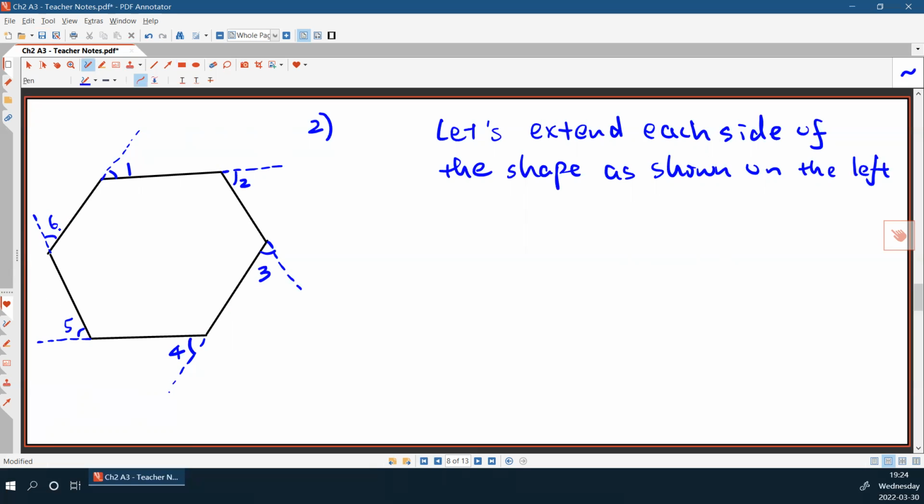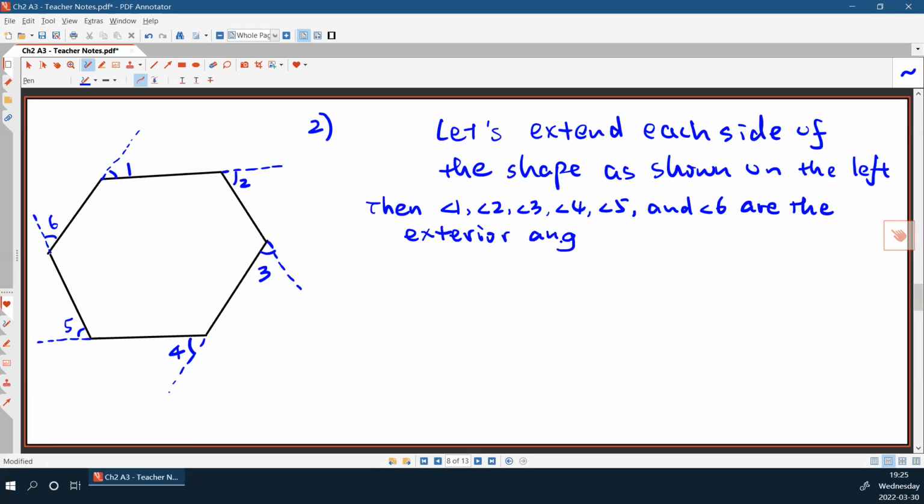So angle 1 to angle 6 are all the exterior angles, right? And we want to find angle 1 plus angle 2 plus angle 3 plus angle 4 plus angle 5 plus angle 6, right? We want to find the sum of the exterior angles.